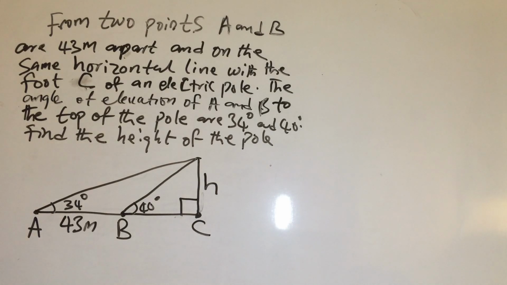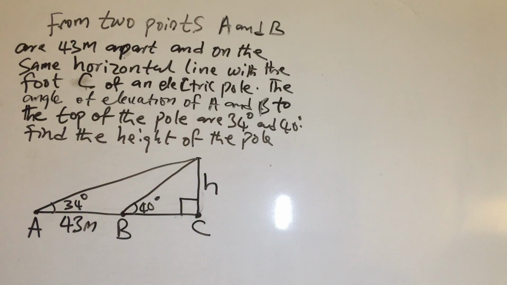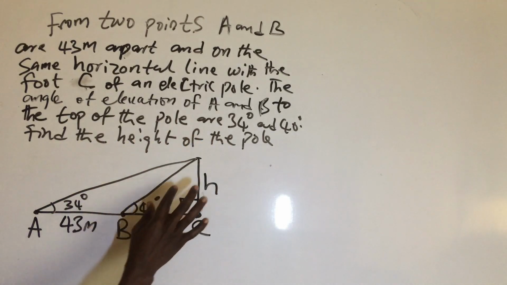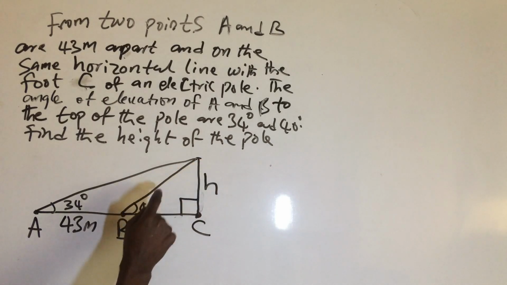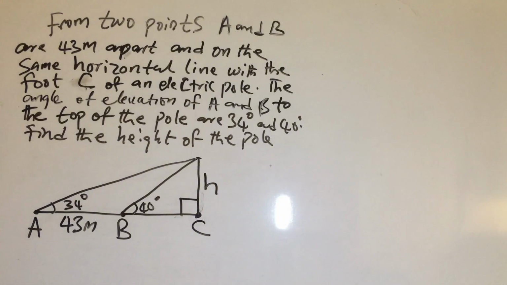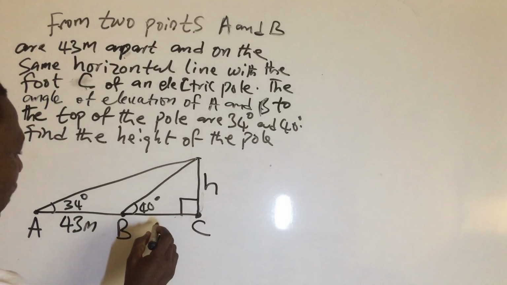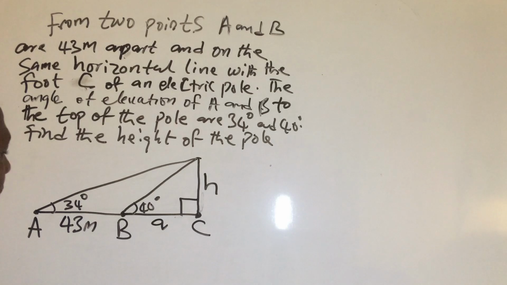Now the question says we should find the height of the pole. Now, considering this first triangle, B, C, and the top of the pole, we now use tan, okay? Let's name this line any alphabet of our choice. That is a.